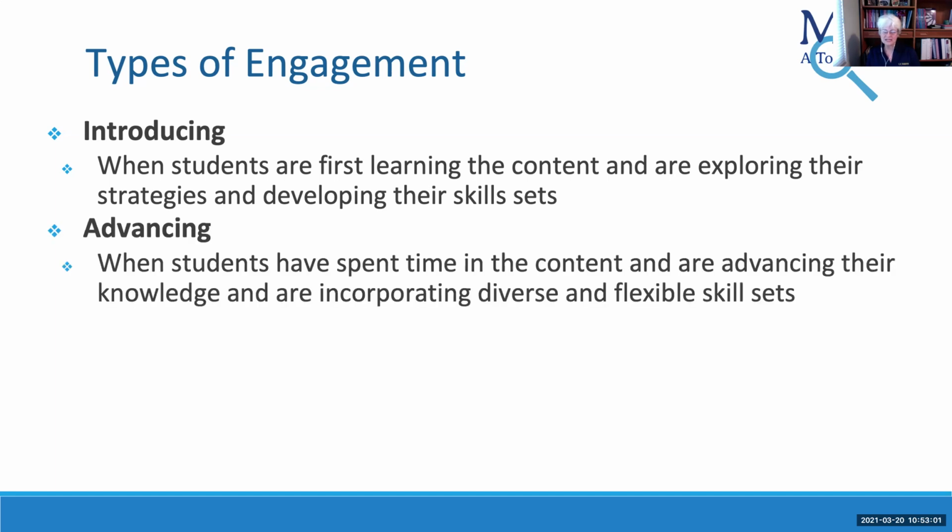You could also use these items perhaps at an advancing level, meaning that students have already been in the context of whatever the math topic is, they're advancing their knowledge, and perhaps they could look at multiple ways to solve the certain problem. So that takes a different meaning to what you're looking for in their work and how you discuss the problem with your students.